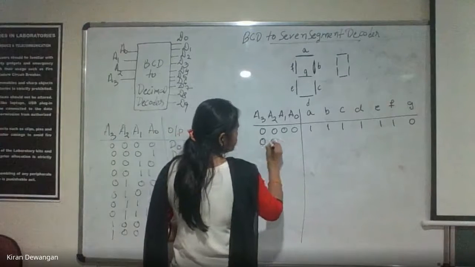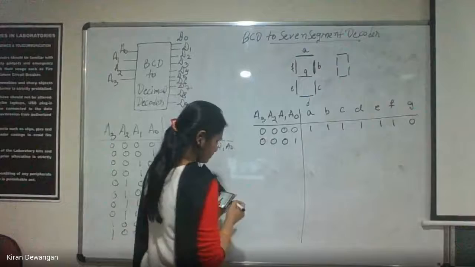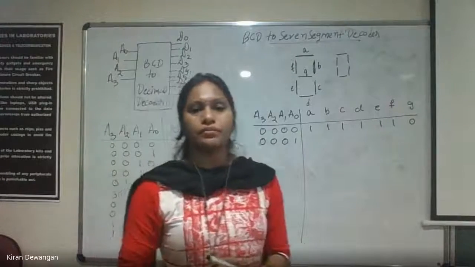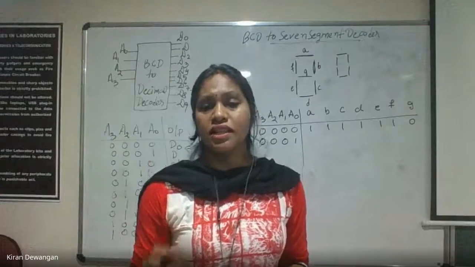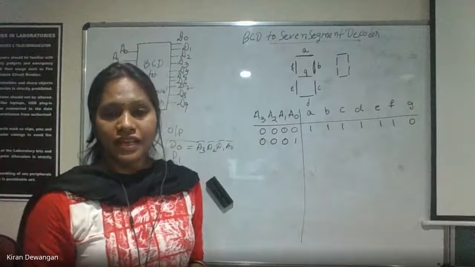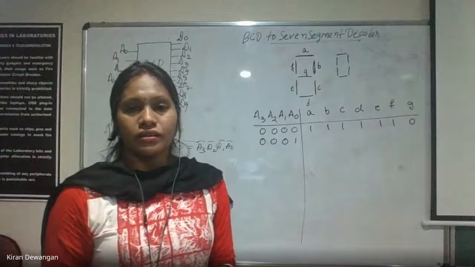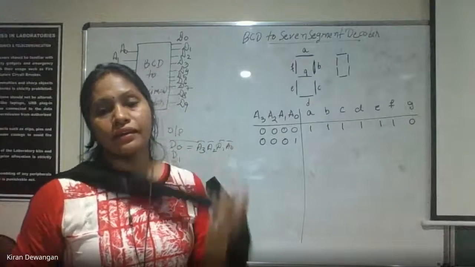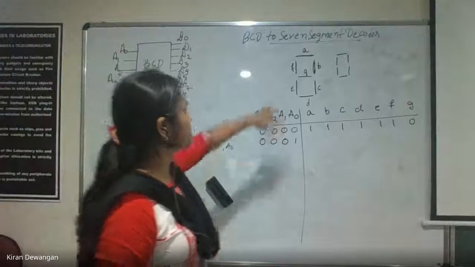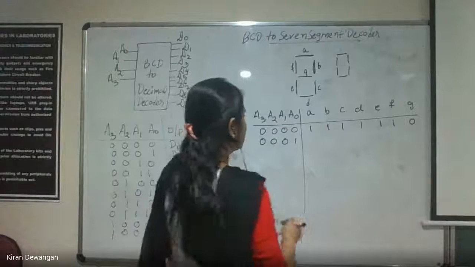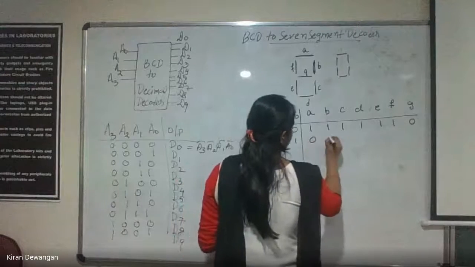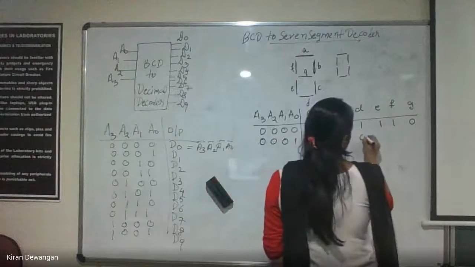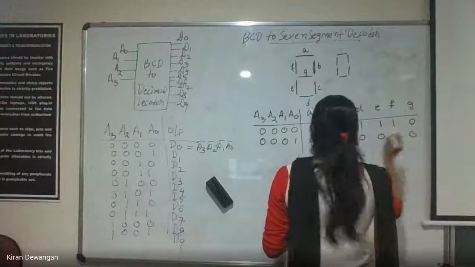Now if I am giving 0, 0, 0, 1, which segments will go high? Yes, tell me. Which segment will go high? Just B and C. Correct. Only B and C will go high. 1 and 1. Rest will be 0.